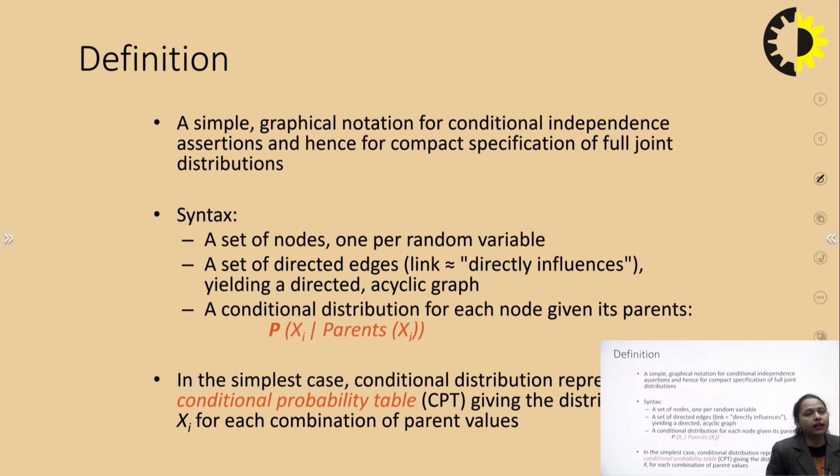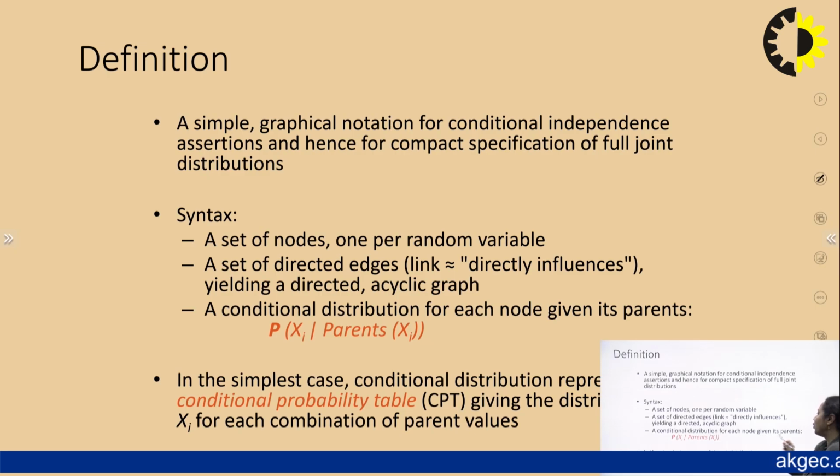So, what is the syntax of the Bayesian network? A set of nodes, one per random variable, a set of directed edges, and a conditional distribution for each node given its parents. This is nothing but the conditional probability table, P(Xi | Parents(Xi)).